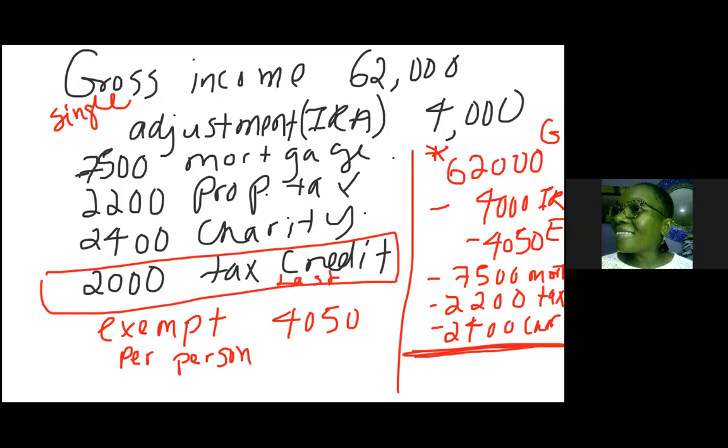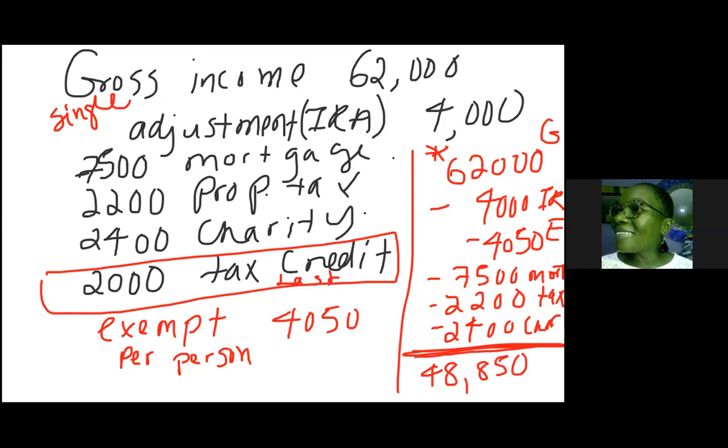So our job is to take that 62,000 and reduce it to the lowest possible amount, guys. So 62,000 minus 4,050 minus 7,500 minus 2,200 minus 2,400. It will drop all of this down to $48,850.